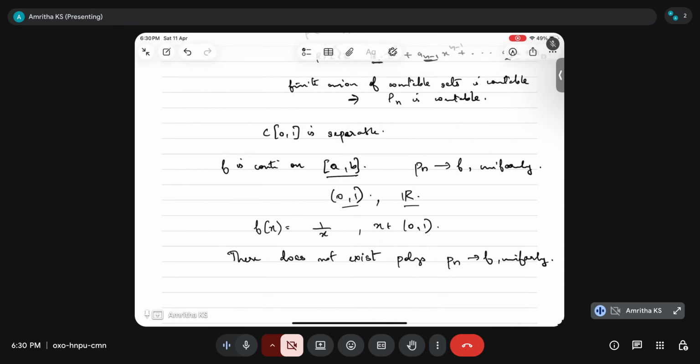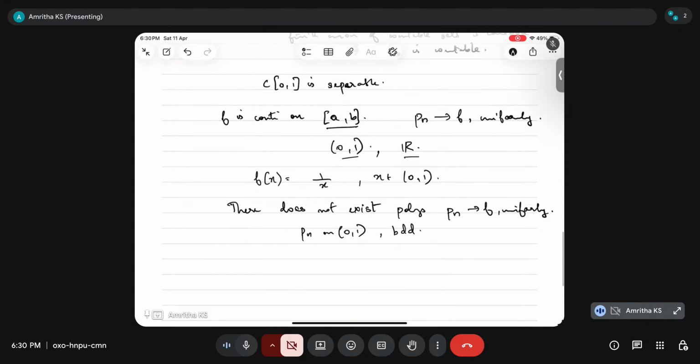But this is easy to see, because suppose I take Pn's on (0,1), then they are bounded, right? All of them are bounded. Now suppose Pn converges to f uniformly, then, as we saw two classes back, this would imply that f is bounded.